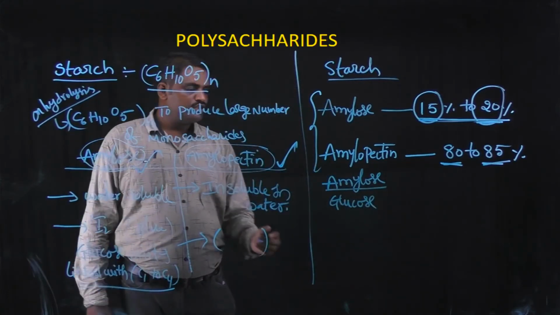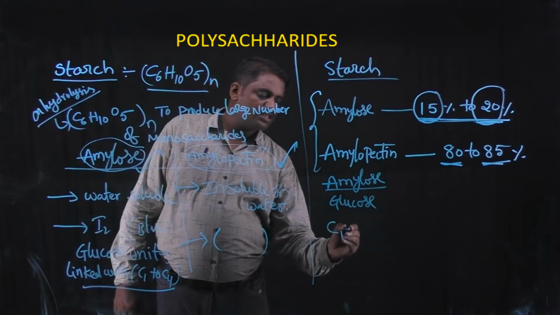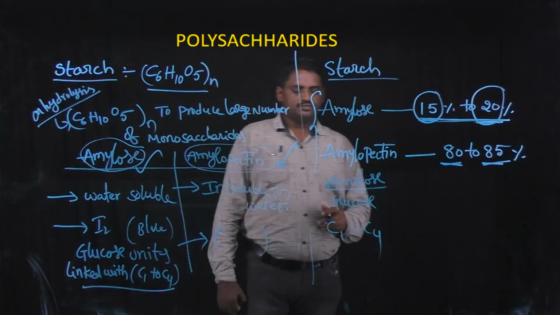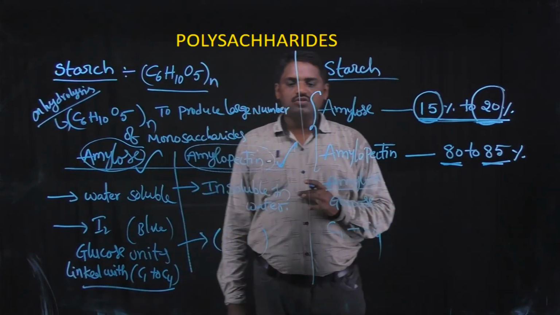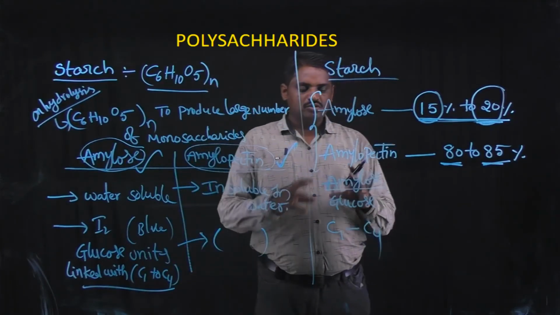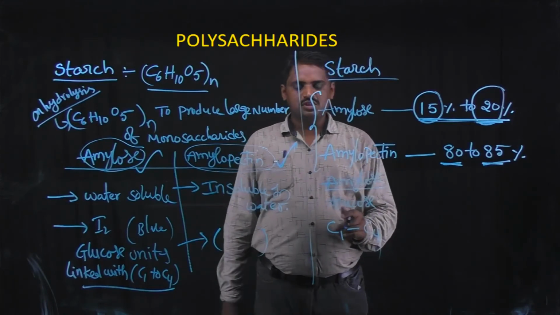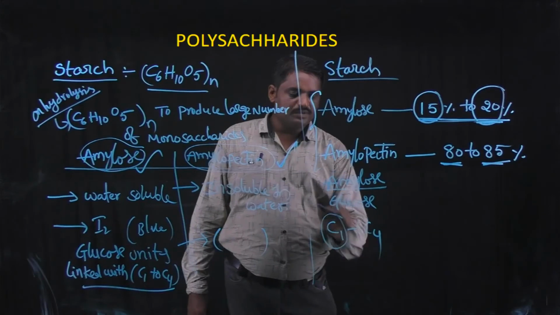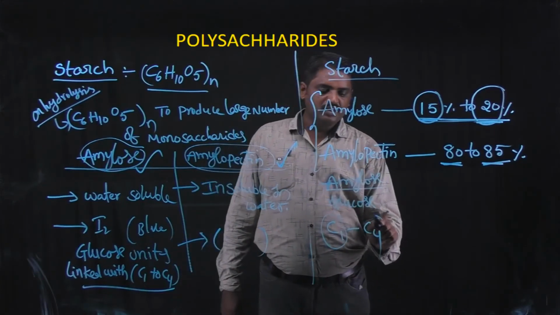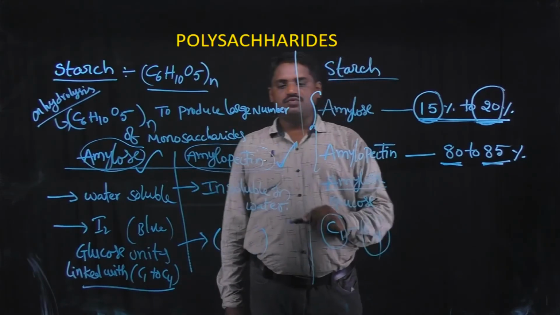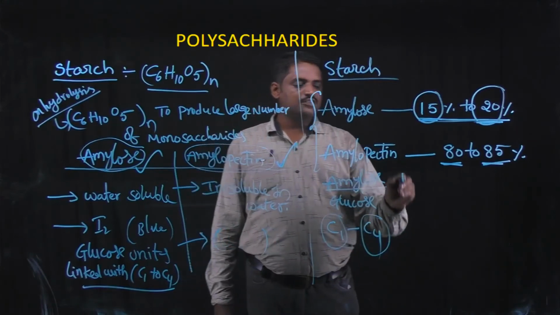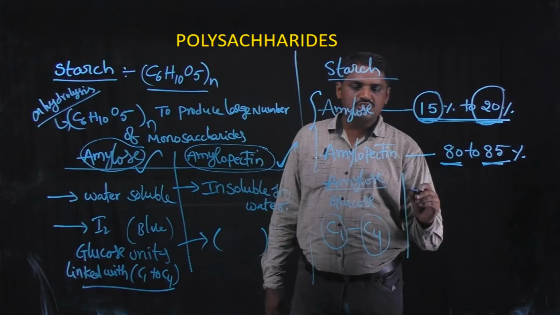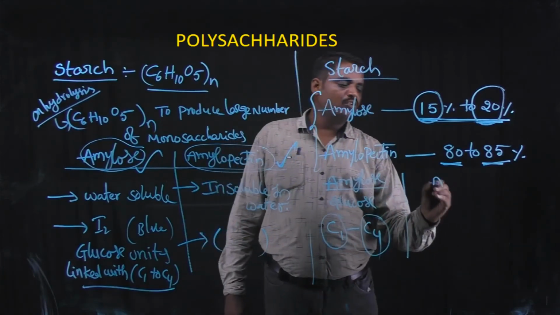These glucose units are linked with C1 to C4 only in amylose. C1 to C4 means the first carbon of the first glucose is linked with the fourth carbon of the second glucose unit. This is the structural explanation for amylose.